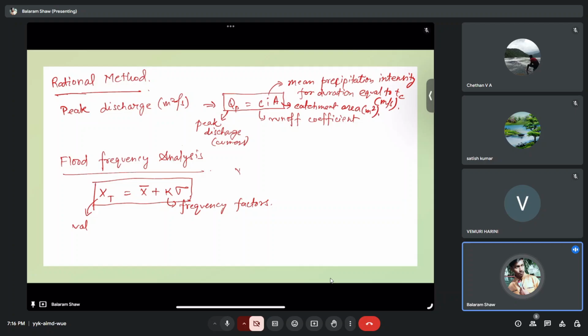In the case of precipitation, you might remember that if you consider extreme precipitation, I might have told you before that we consider extreme value type distributions such as gamma distribution or log normal distribution.